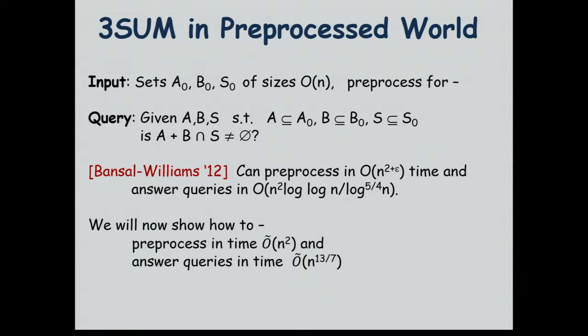So what I want to show you now is how you can solve this with preprocessing in O tilde of n squared time and answering the queries in order of n to the power of 13/7. And the way we're going to do it is we're going to use this result from additive combinatorics.